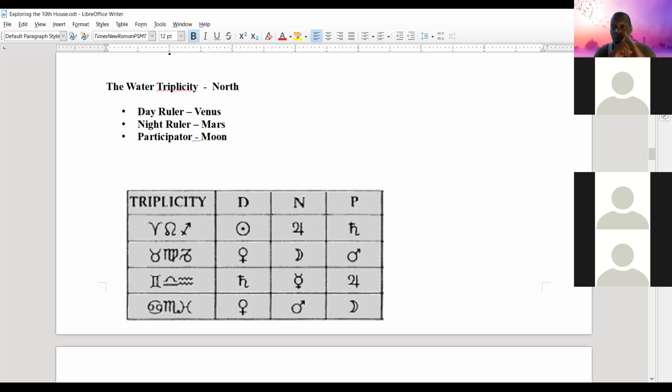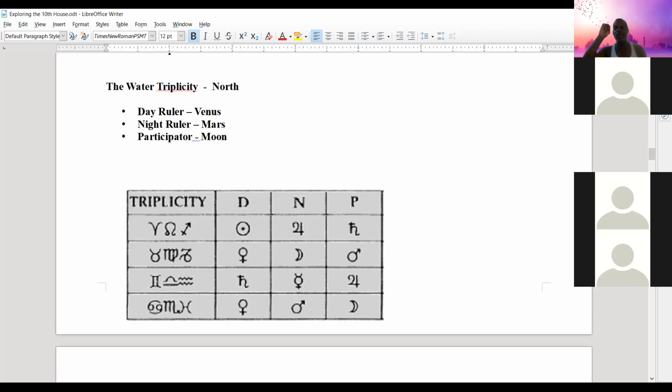Sect means daytime or nighttime. There are three planets who rule each triplicity or element. Triplicity equals element. For air it would be day, night. That's right, exactly: Saturn, Mercury, Jupiter.